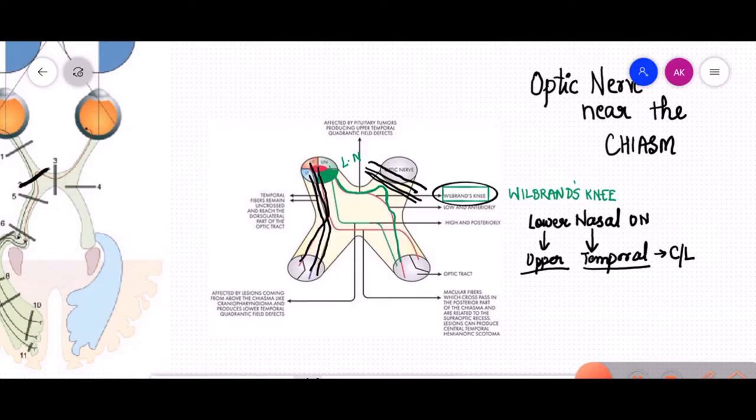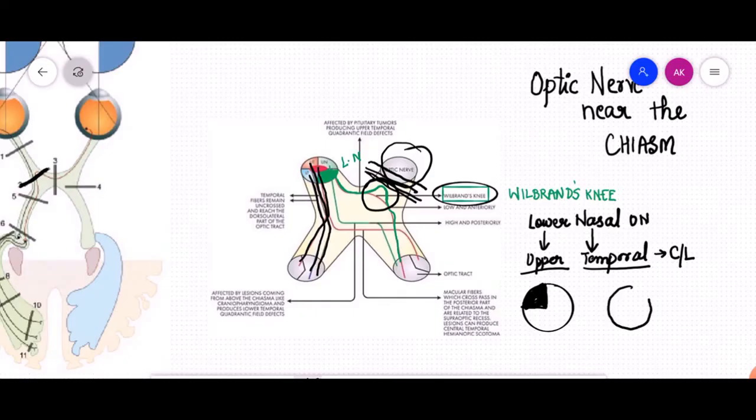That means that if this Wilbrand's knee is affected, in the left side we will see an upper temporal defect like this. But along with the affection of Wilbrand's knee, the optic nerve is also getting affected. So what happens when the optic nerve is affected?